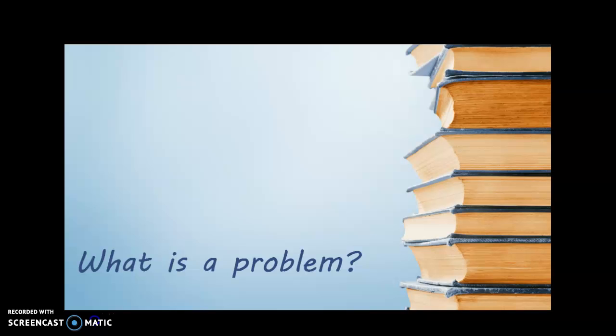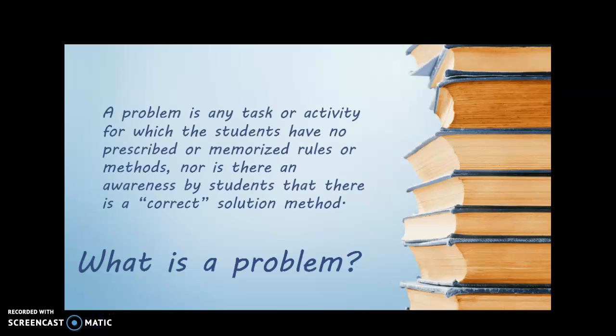Okay, let's see. A problem is any task or activity for which the student has no prescribed or memorized rules or methods, nor is there an awareness by students that there is a correct solution method. So a problem is any task or activity which you, the student, don't know how to solve.